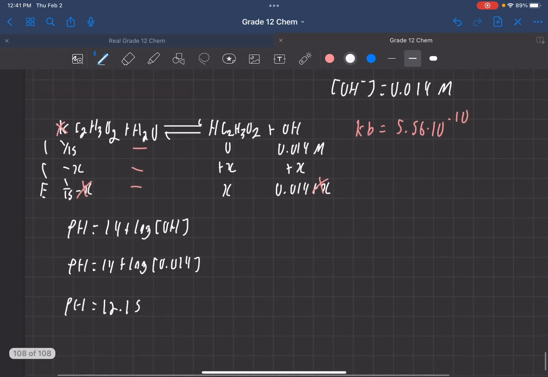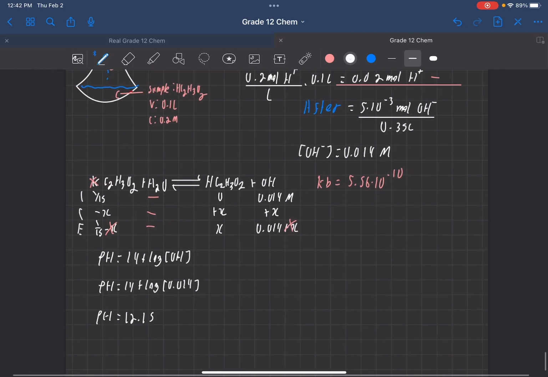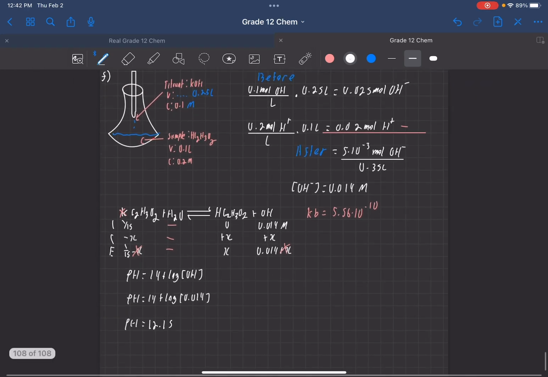So as you can see, this solution, after the equivalence point has been passed, has a pH of 12.15, showing that it is too concentrated, way past the equivalence point. And in a lab, this would be the point where your solution turns a very dark color.